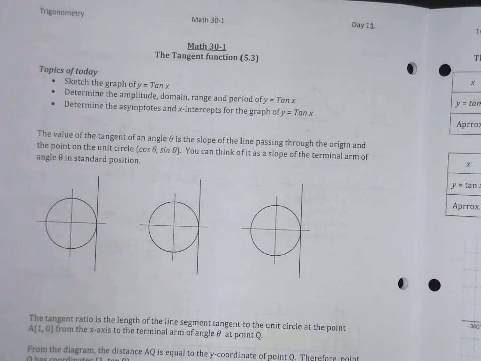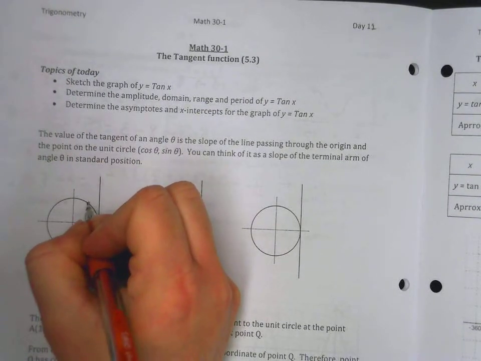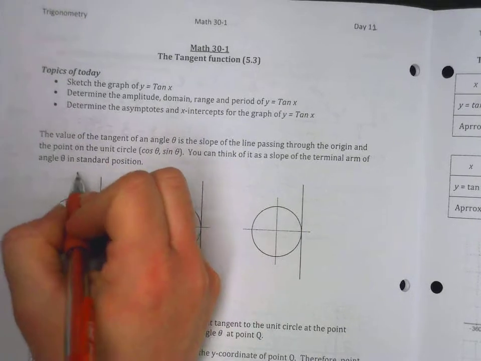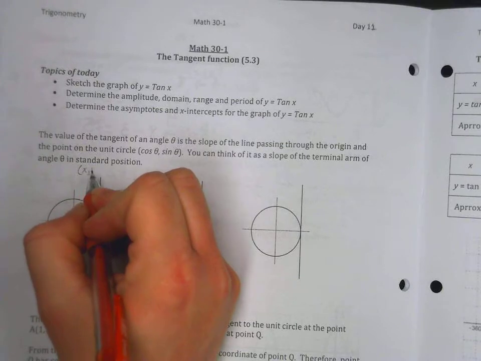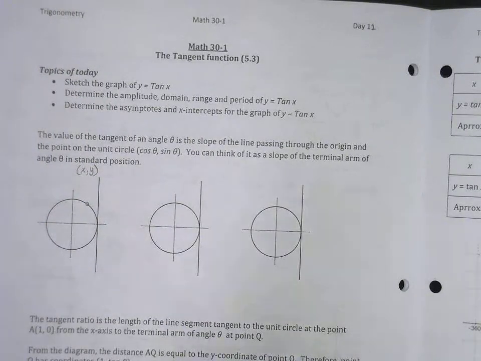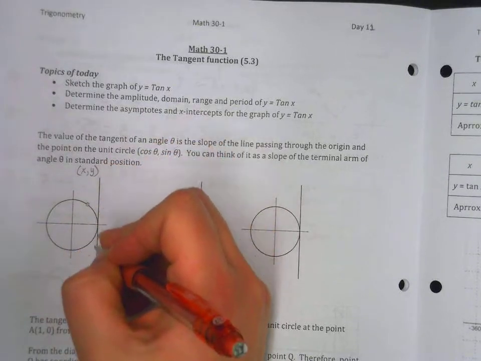Okay, so when we think of the tangent graph, it's again related to our unit circle. If this is our unit circle and this is representing our point on the unit circle (x, y), the tangent is, we call it a tangent line because it touches the unit circle at one distinct point.